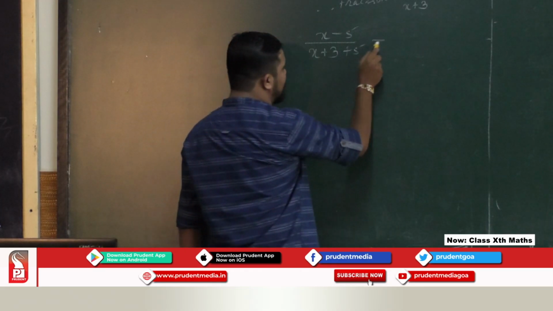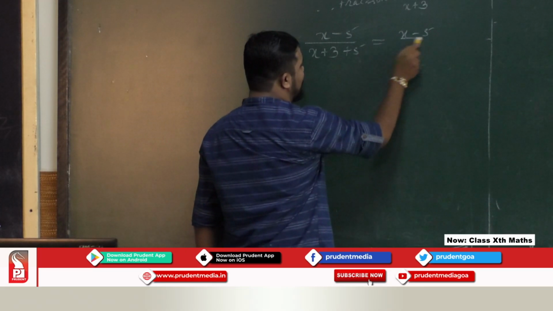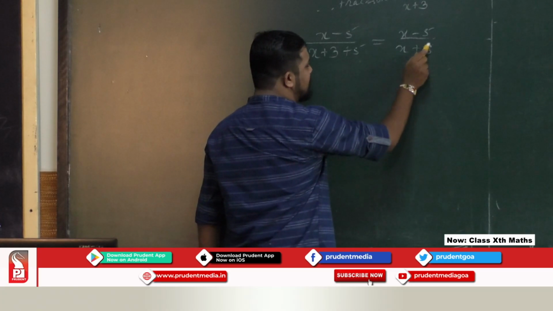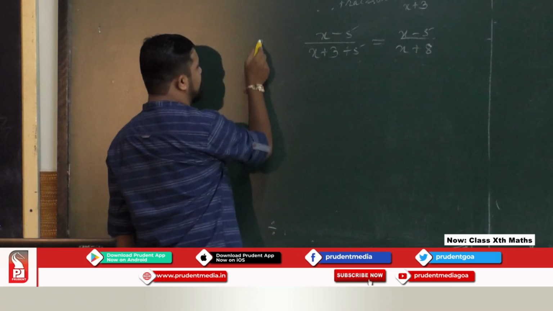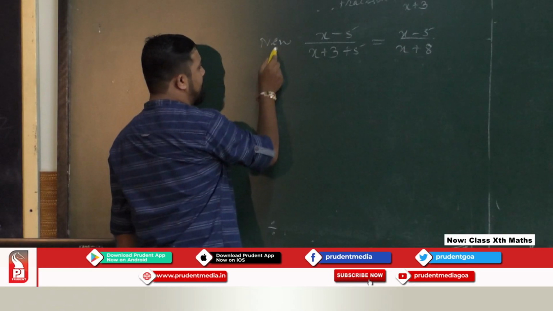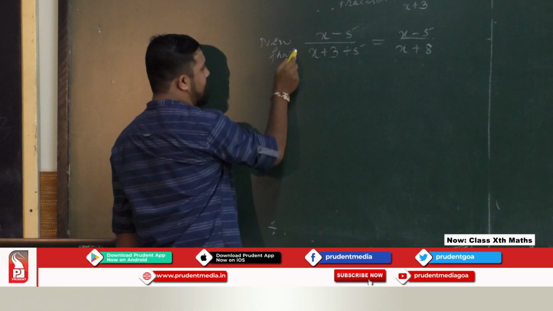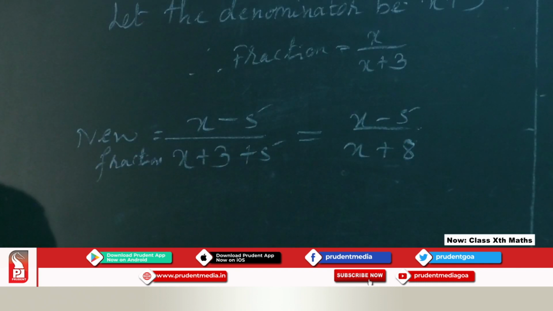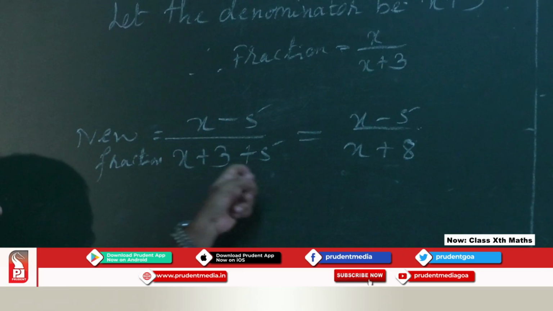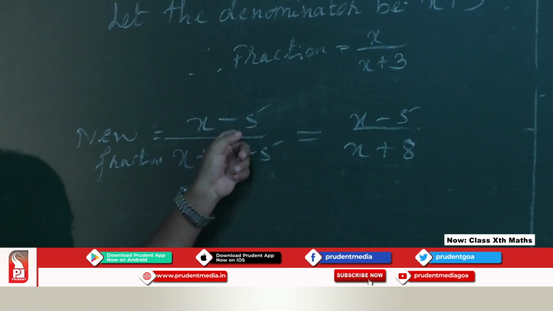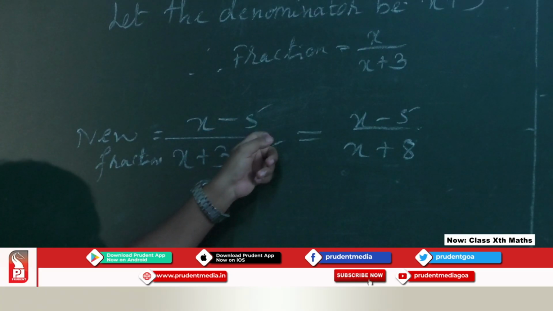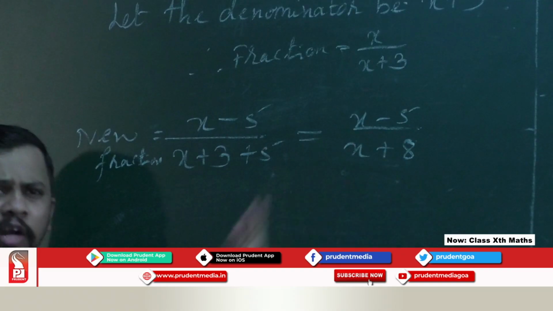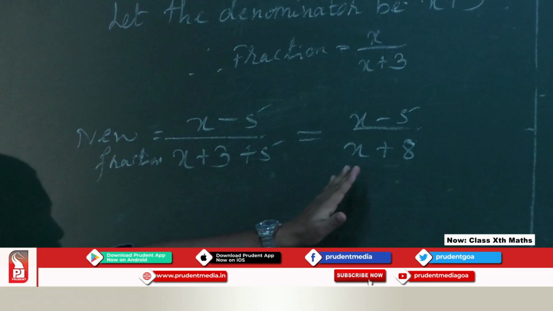This is my new fraction, that is x minus 5 upon x plus 8. So you can see this is your new fraction. I first wrote my fraction, that is x upon x plus 3. 5 is added, added means plus sign, plus 5, and 5 is subtracted, that is nothing but minus 5. So I got this fraction. You can do this directly. I am showing you step by step so that it becomes more clear.